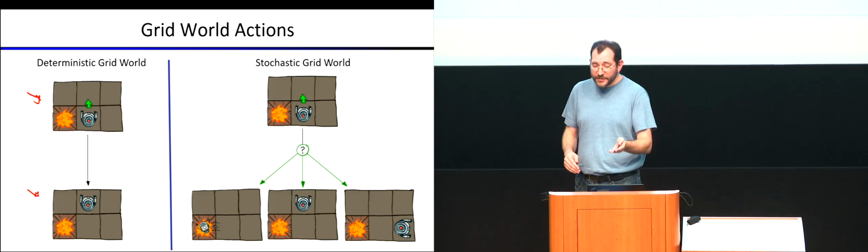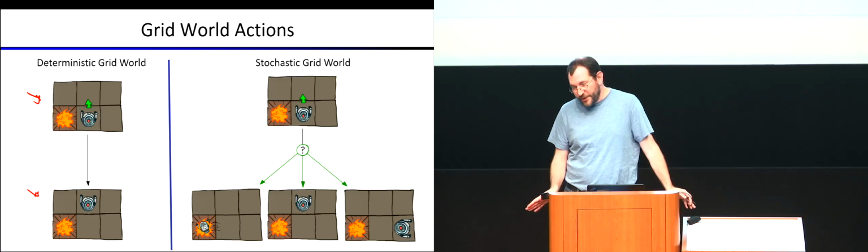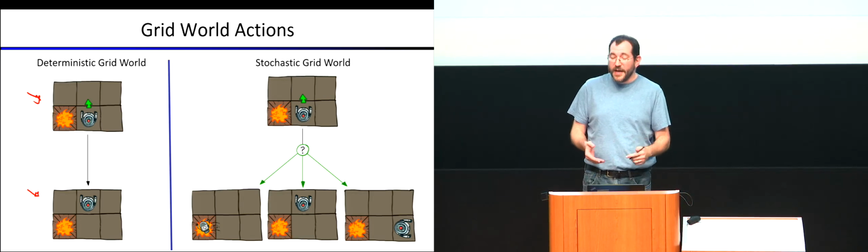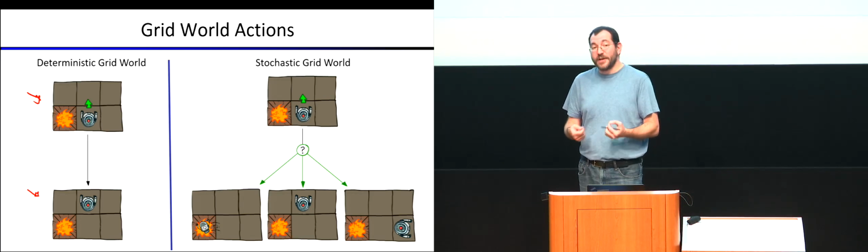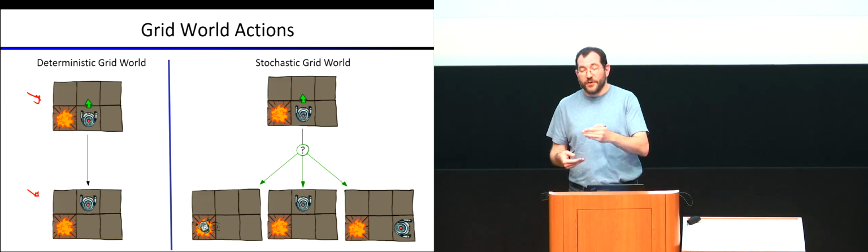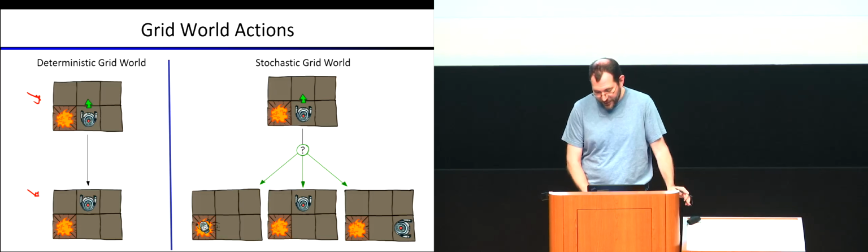So when I plan to go north here, I might go north, or I might go to the east and have to replan from there, or I might go to the west and fall into the pit, and that'll be bad. And as I plan, I need to take these things into account. So I might take a cautious sort of behavior that takes into account all of the possible failures along the way.